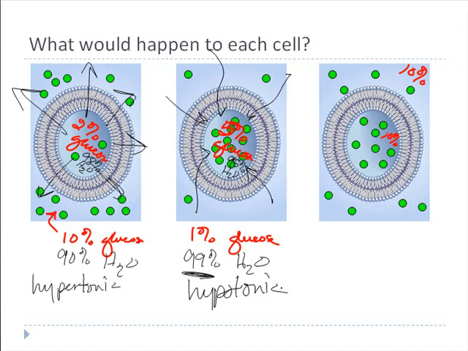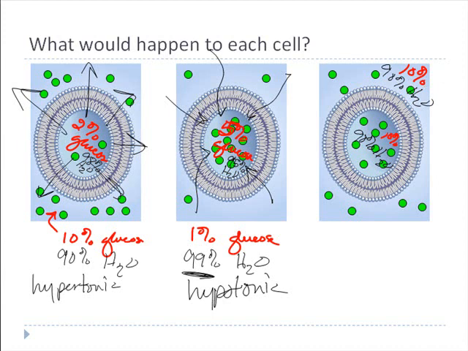Last one, you have 10% glucose inside the cell, which means it's 90% water. Outside, it's also 90% water, which means overall, there is no difference in concentration inside and outside of the cell. That means that overall we would not expect there to be any difference in terms of what happens to the shape of the cell.